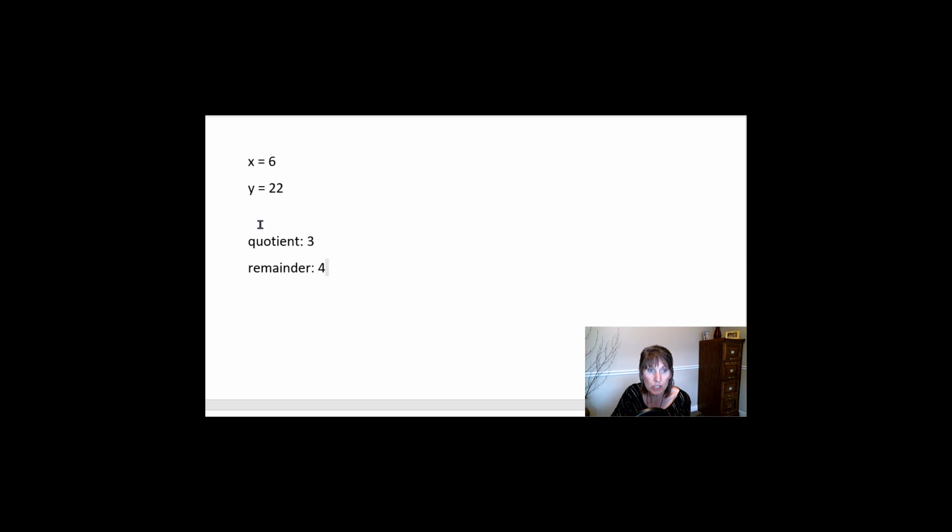Now we're going to use some abbreviations as we work through the details. For the quotient, we're going to call it Q. That's the answer. We're going to use N for the number, and in this case, that's the 22. And D for the divisor, and in this case, that's the 6.